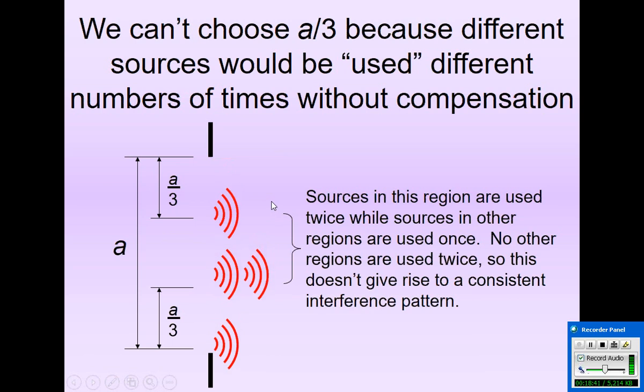So I don't see any contribution from the situation where I divide the source into an odd number of regions. It only works when I divide the source into an even number of regions.